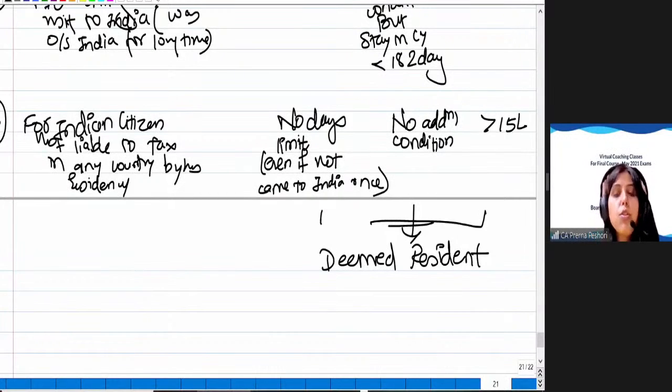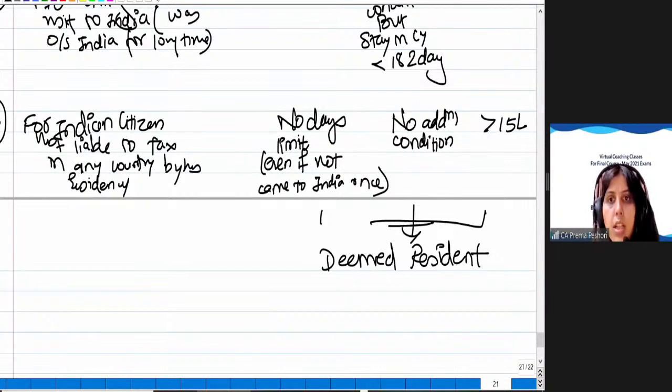Taxable income was 14. Rohita, what you are saying, total income other than foreign sources exceeded 15 lakh and his stay greater than 120 days but less than 182 days.